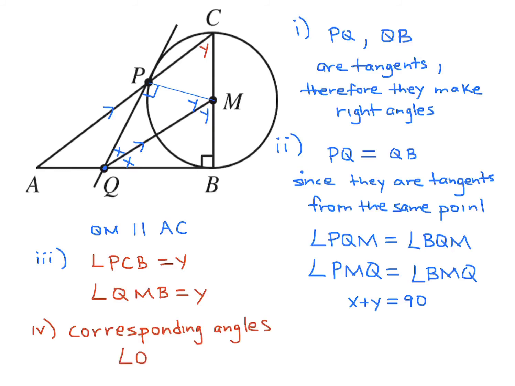Those angles are QMB, which is equal to y, and this one right here, the big one, ACB. Angle ACB is also equal to y. And therefore, since they are equal, we have proven, by using corresponding angles, that AC is parallel to QM.